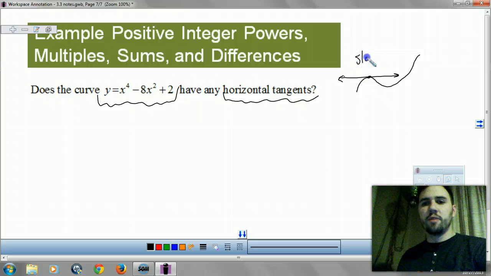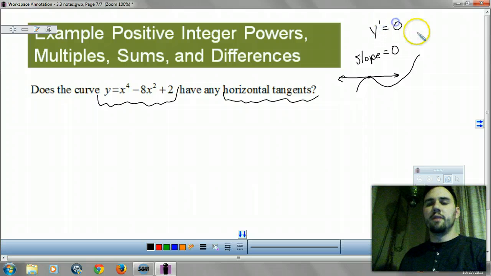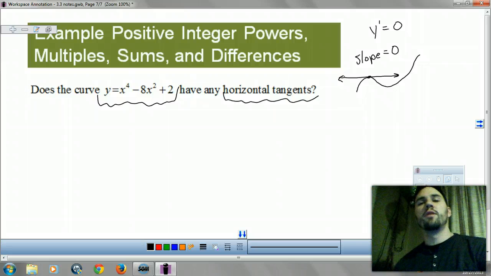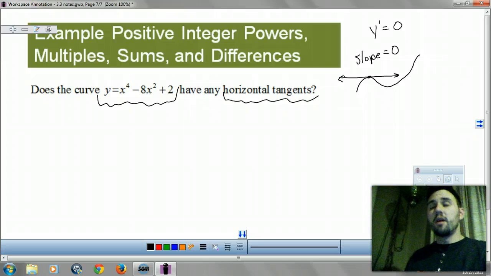That means your slope is going to be equal to 0. So that means where does your derivative equal 0? Because your derivative gives you the slope. Okay, so if you get a question, where are your horizontal tangents? What you need to do is find the derivative, set it equal to 0, solve, and that will give you the points where you have a horizontal tangent.